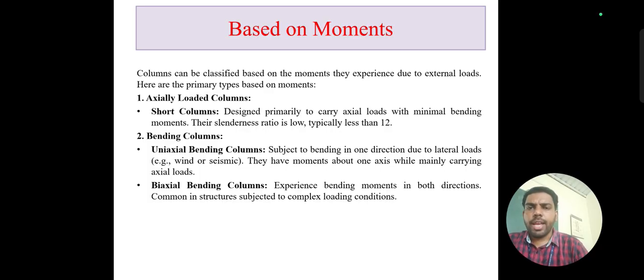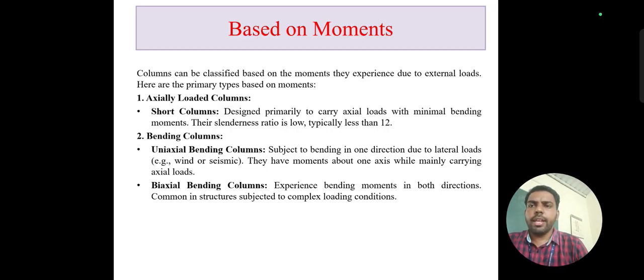Axially loaded columns should be short columns, primarily carrying axial loads through the neutral axis, and the slenderness ratio is maintained very low, less than 12.